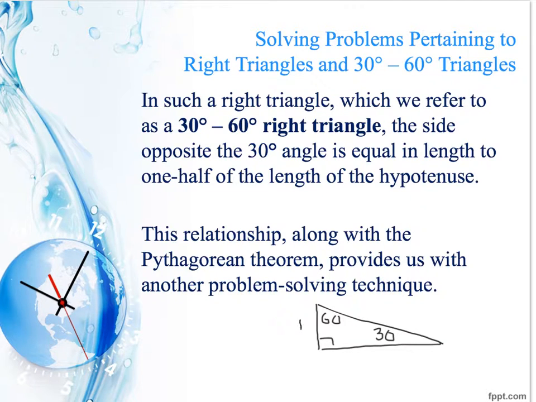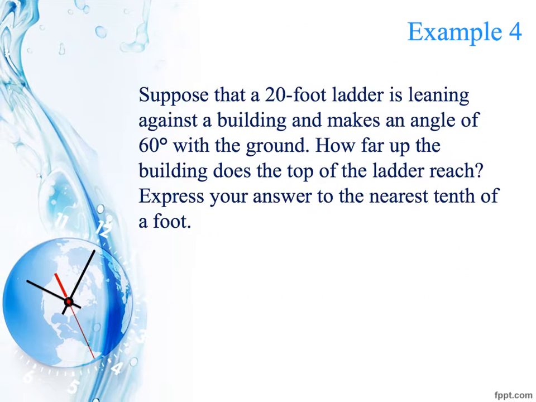So if the side opposite the 30-degree angle is 1, the hypotenuse would be 2. If the side opposite the 30-degree angle was 2, the hypotenuse would be twice that, or 4, and so on. So we can use this information along with our Pythagorean theorem to help us find a missing side of a right triangle.